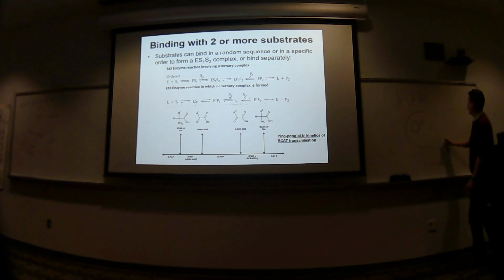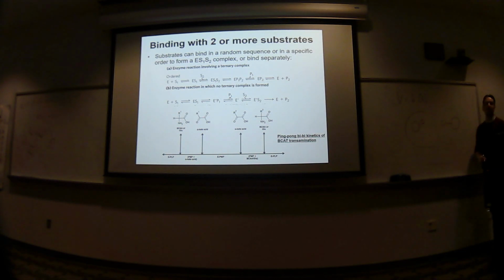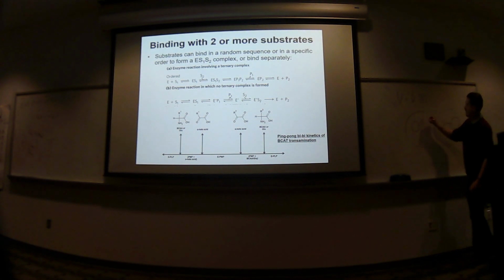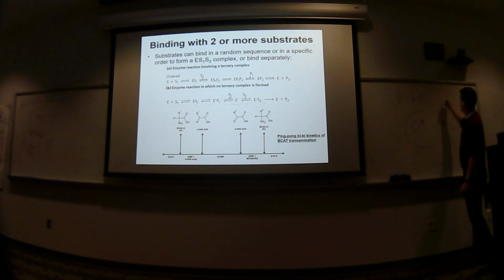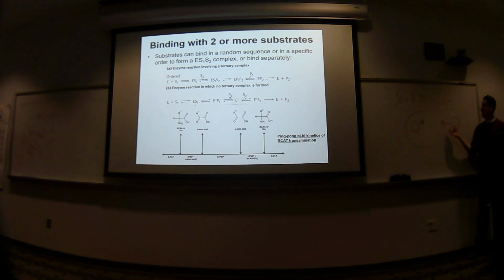If it was the other way around, that wouldn't be citric acid. It wouldn't make the same molecule; it would make an isomer of citric acid. So it has to go in the correct order, otherwise it would make a different molecule.